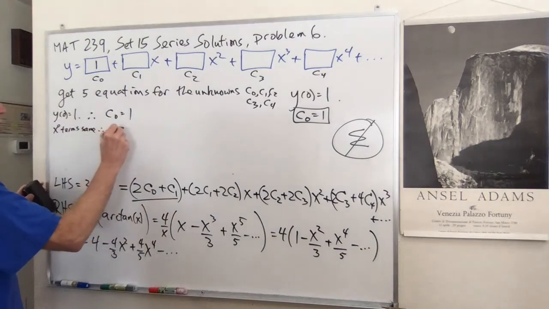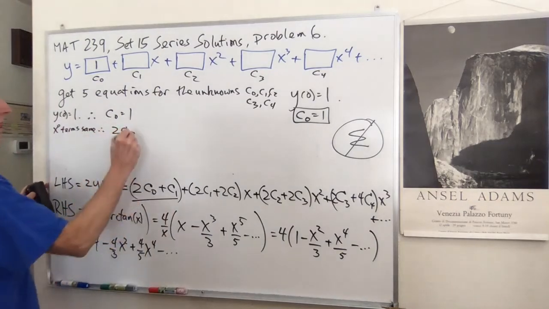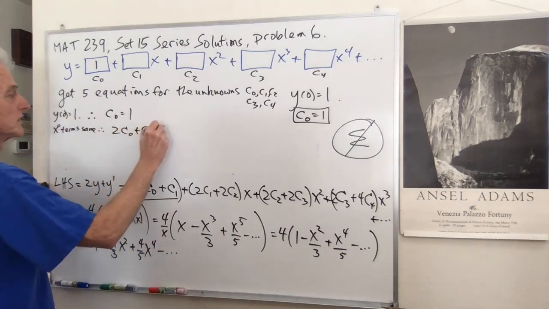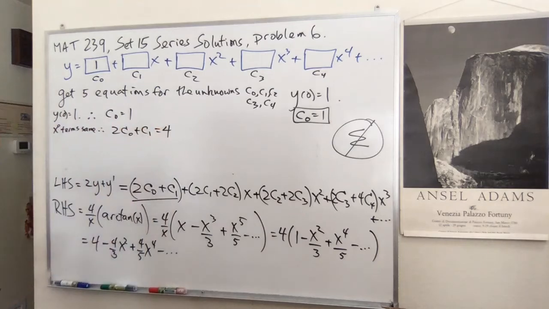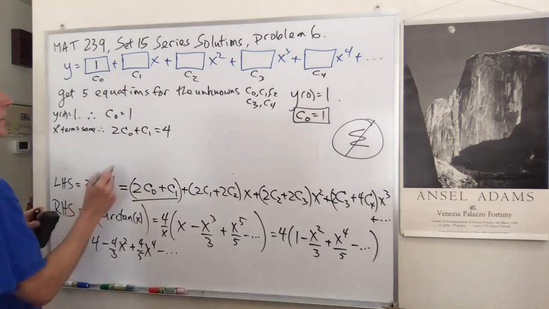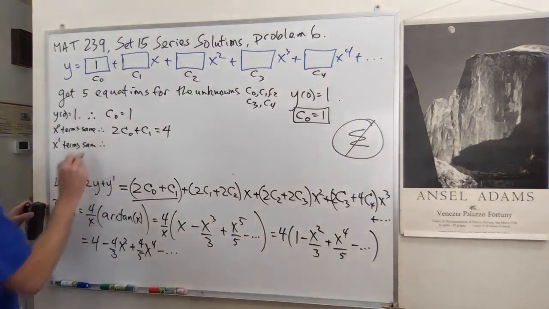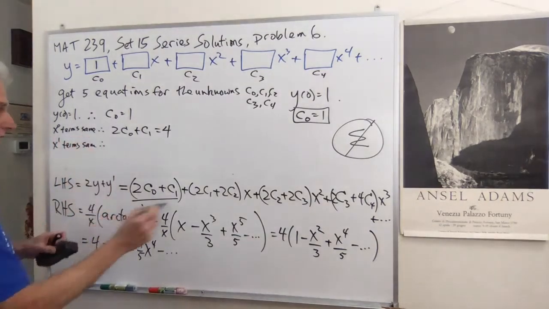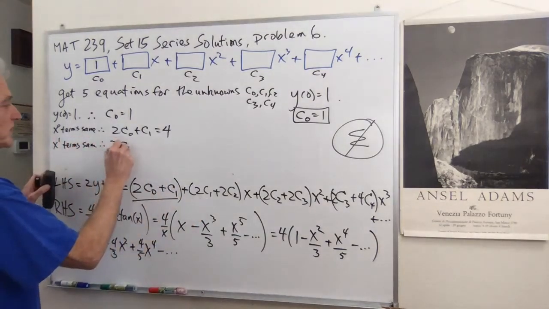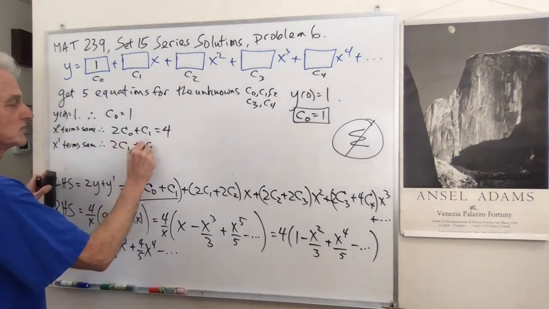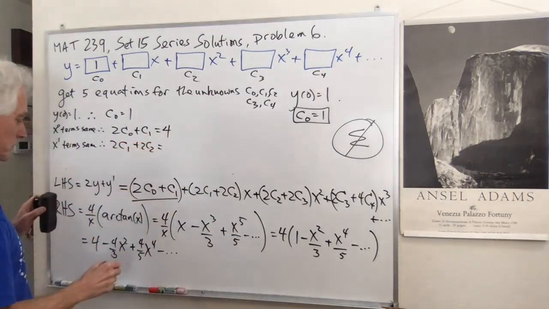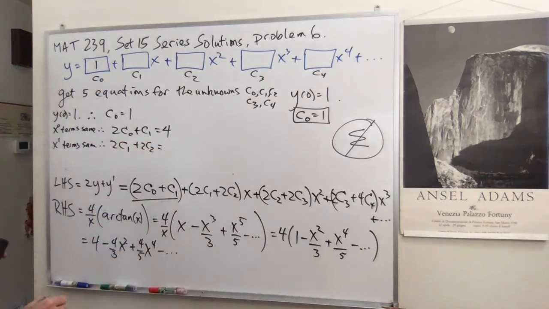I get 2C0 plus C1 is equal to 4. Okay, and then I get the x to the 1 terms the same. Therefore, I get 2C1 plus 2C2 is equal to, wait a minute.